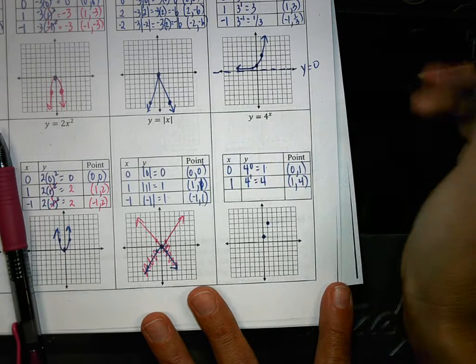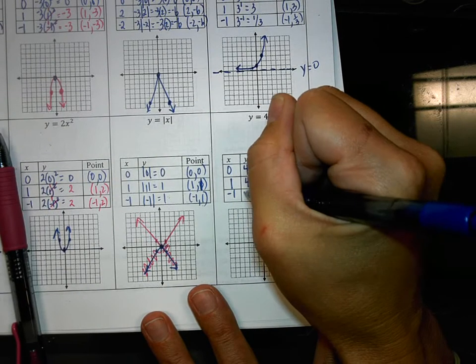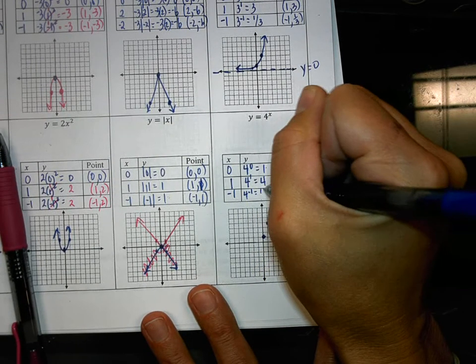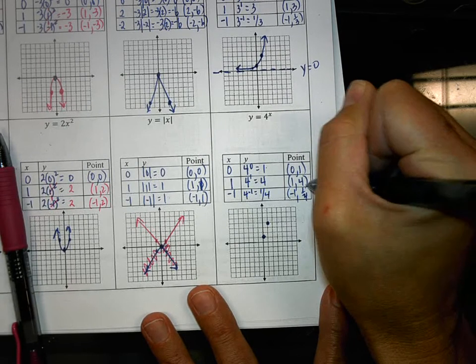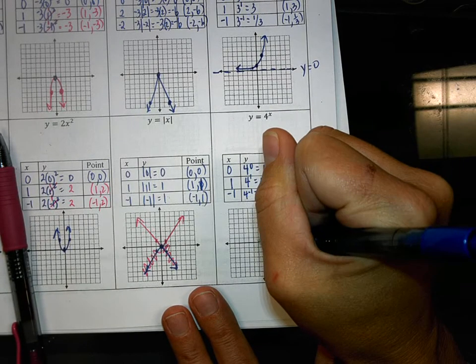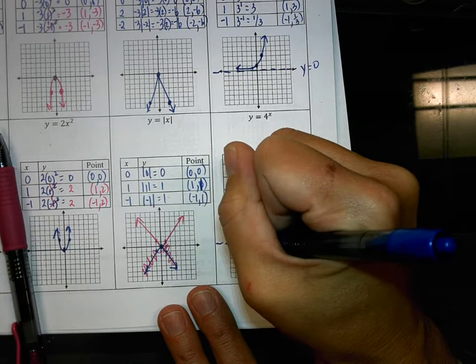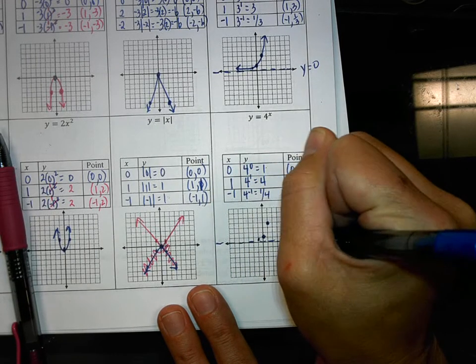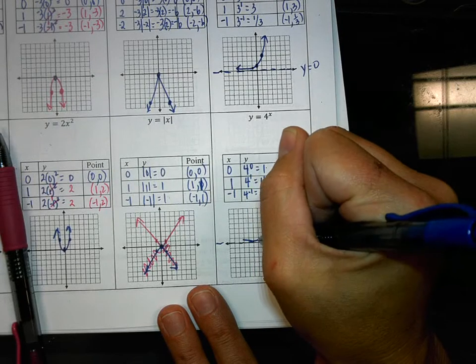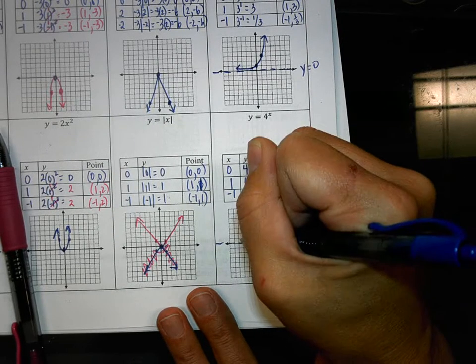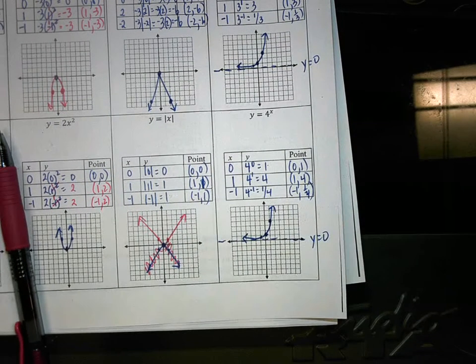And then negative 1 is going to give me what? Very good, 1/4. So negative 1 and 1/4. Where's our asymptote? Very good, y equals 0. And there we go.